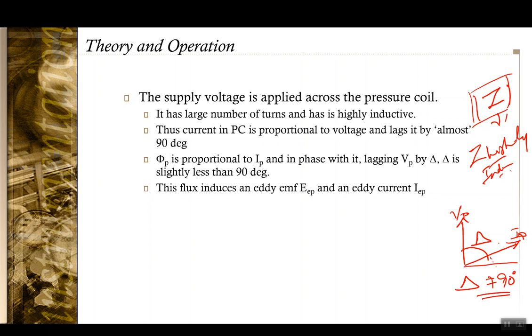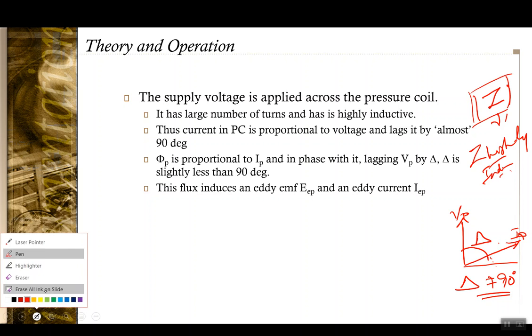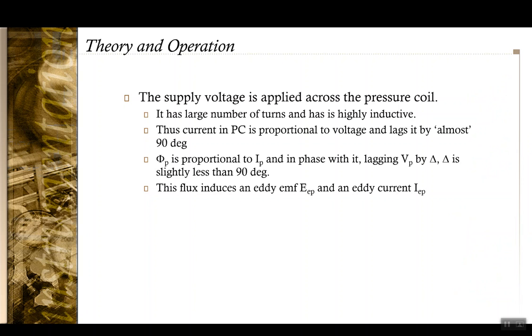Okay, and this would produce a flux phi p, which is in phase with IP. And the lag is delta, but delta is not equal to 90 degrees, that is known.